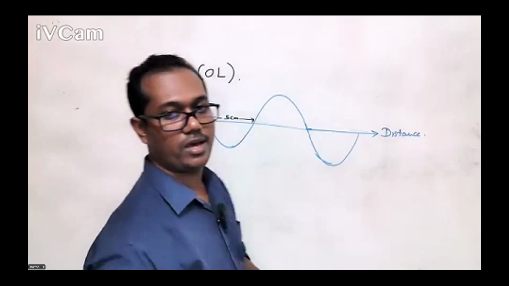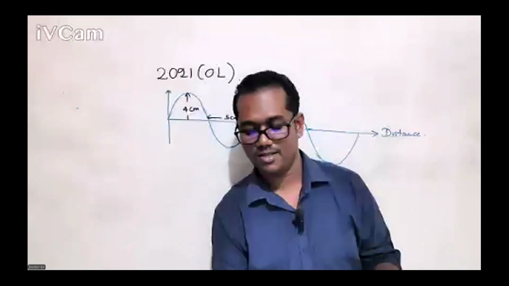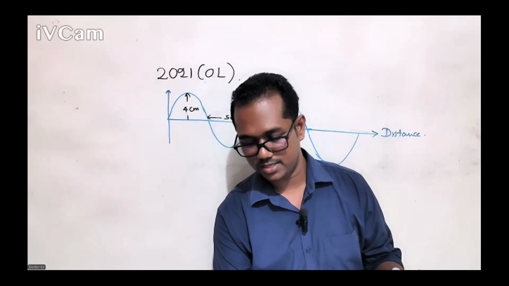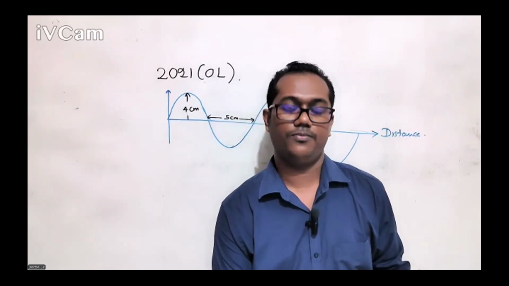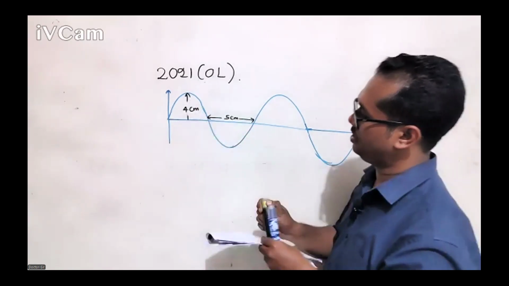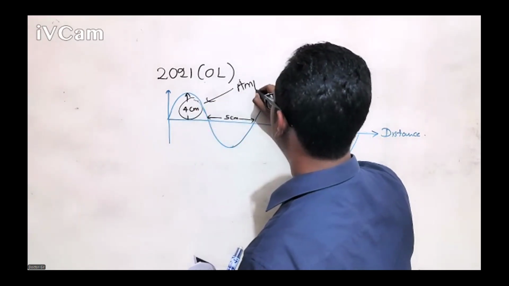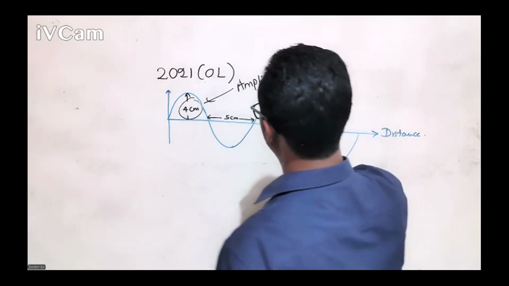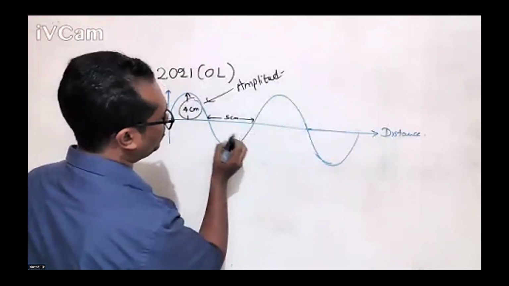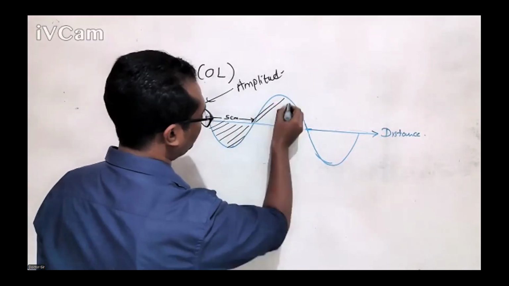Now they are asking what is the wavelength and amplitude. You guys answered correctly. The amplitude is this 4 centimeter. Then the 5 centimeter is not the wavelength. Why? We should consider one crest, one trough and one crest.